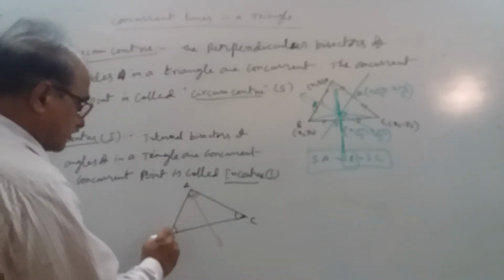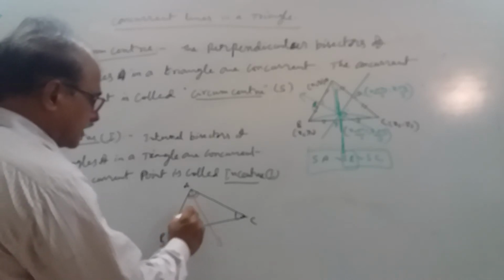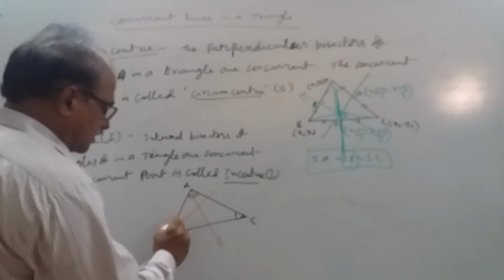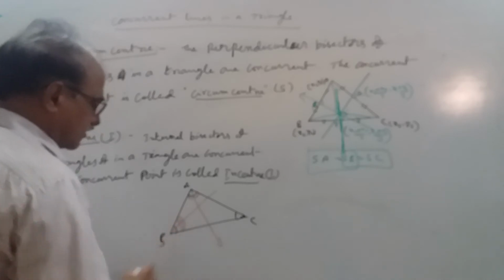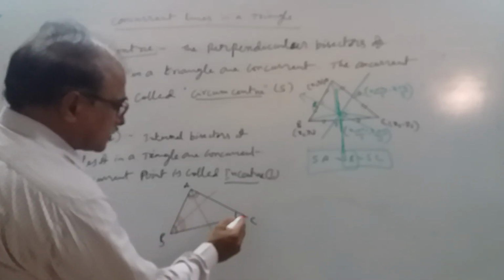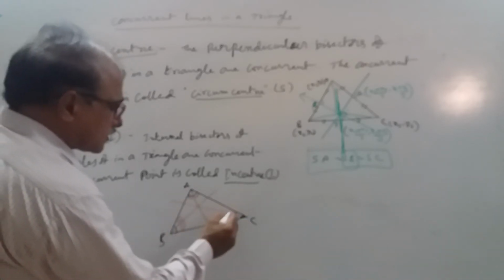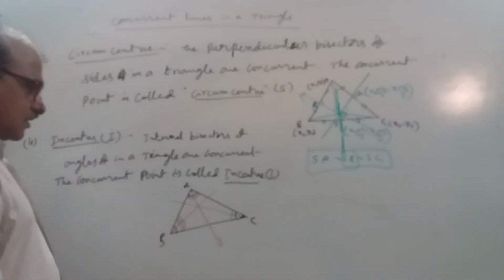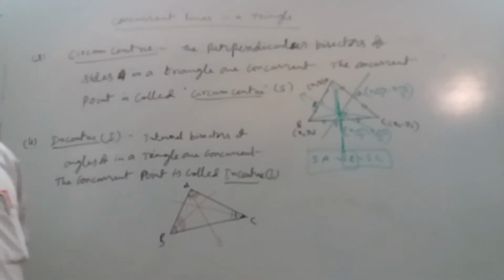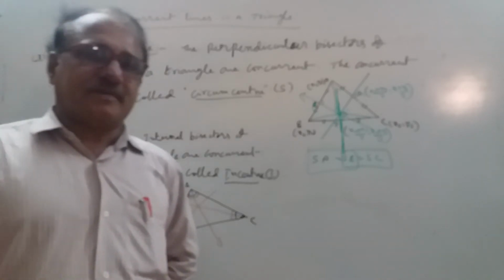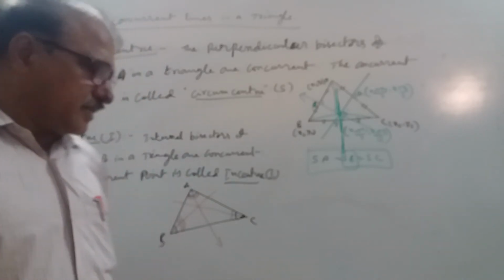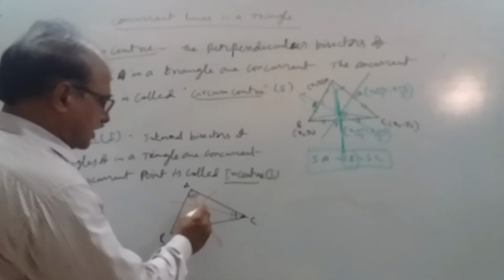Similarly, the bisector of angle B divides angle B into equal parts, and similarly angle C is divided into two equal parts. The three angle bisectors pass through a point, and the point is known as I.